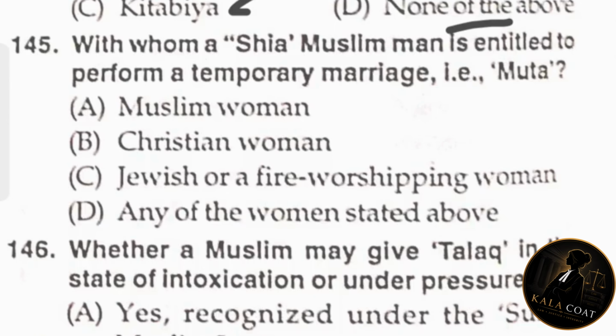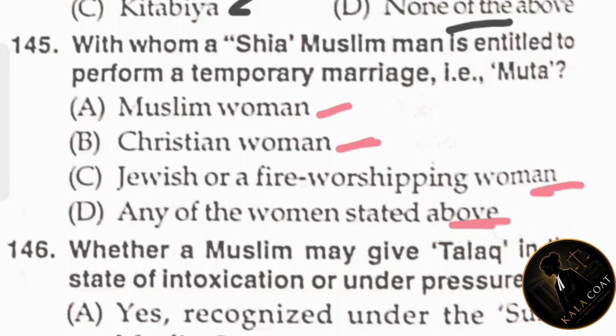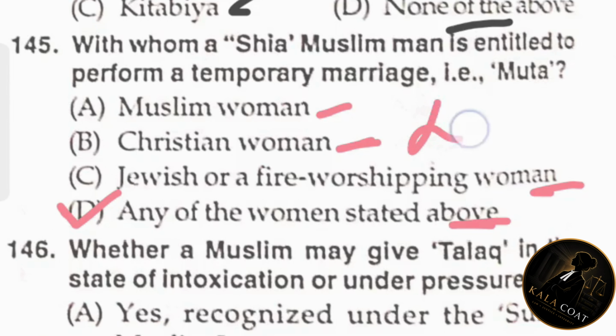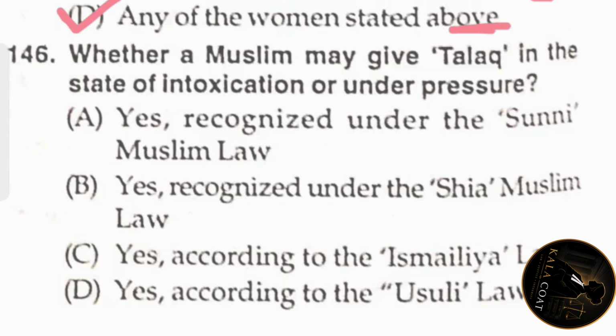Question number 145. With whom a Shia Muslim man is entitled to perform a muta marriage, that is a temporary marriage. Options are Muslim woman, Christian woman, Jewish or a fire worshipping woman, or any of the women stated above. Correct answer is any of the women stated above. Option D is the right answer. Question number 146.